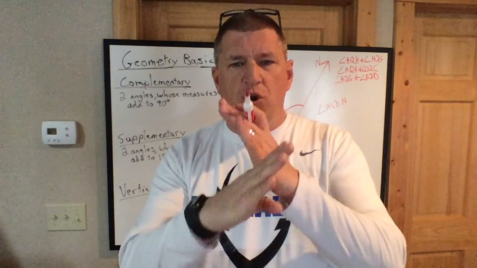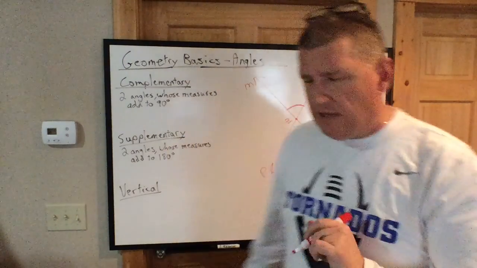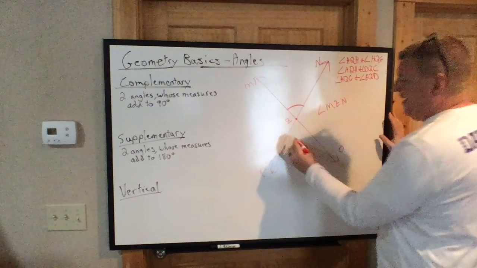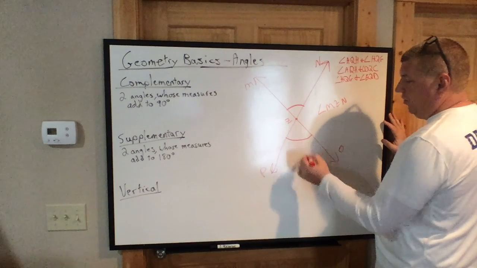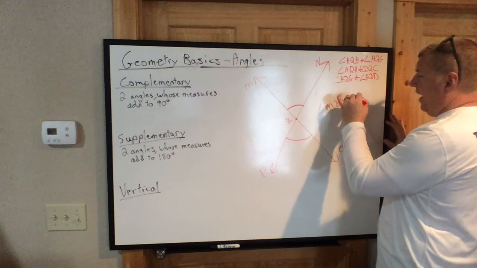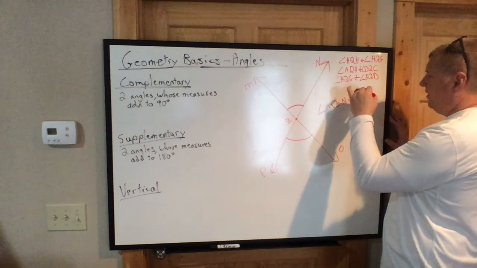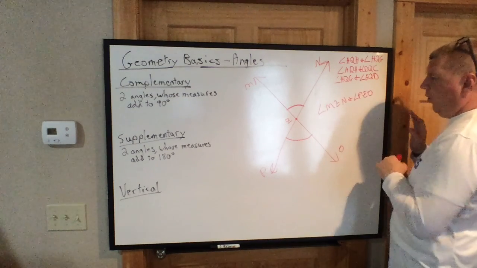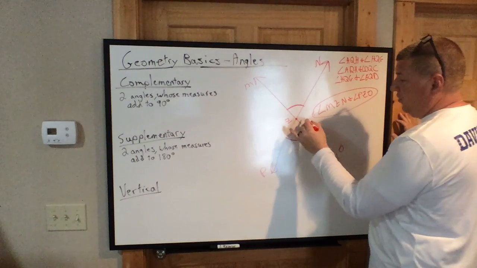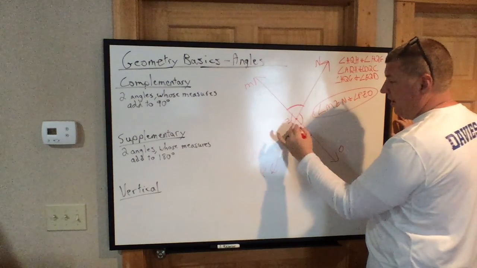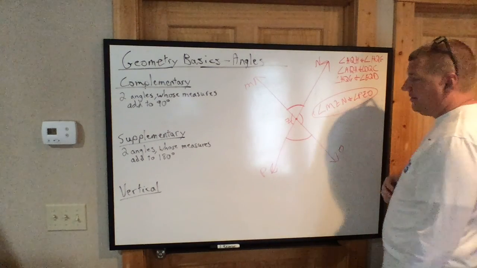When they're formed by two intersecting lines, the only point that they share is the vertex. So that means the vertical angle goes there. So it becomes angle PZO. These two angles would be vertical angles. Now, I would also have vertical angles going here and there as well.